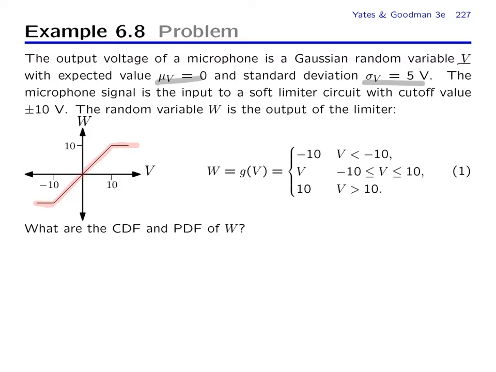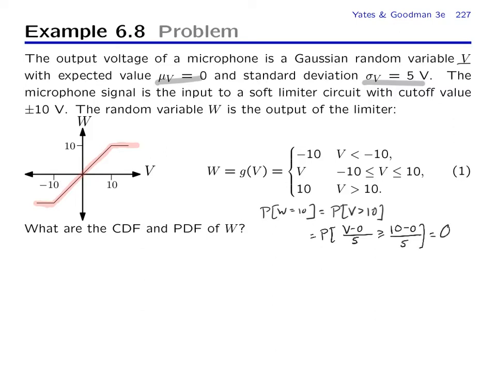In the easy cases, we know that the probability that W is equal to 10 is the probability V is greater than 10, and V is Gaussian and zero mean. So this is the probability (V minus 0) over sigma_V, which is 5, is greater than or equal to (10 minus 0) over 5. Of course, the 0 is mu_V, the expected value.